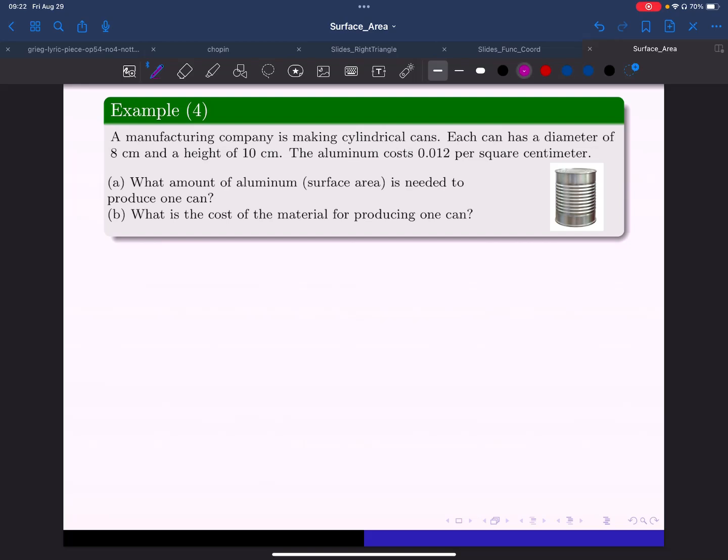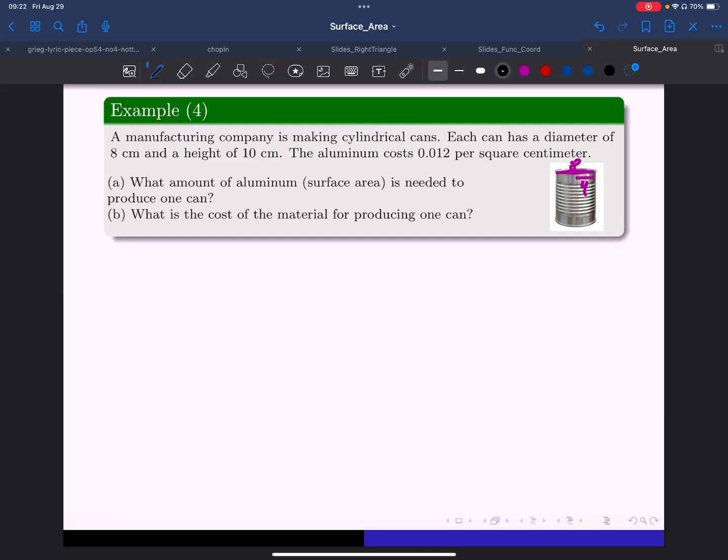So we have the can, kind of cylindrical can, but we have given diameter, so that would be all across. The diameter is 8, so that means radius would be just 4, right?